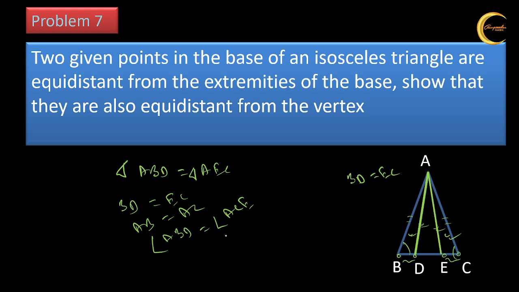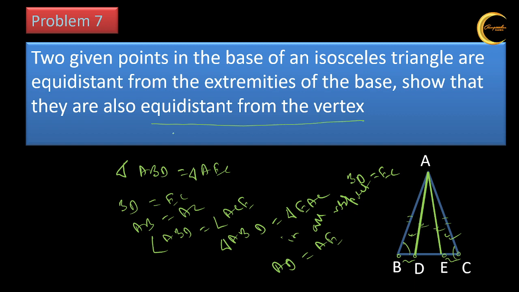So we can say triangle ABD equals triangle AEC in all respects. So we can easily say AD equals AE. So these are all equidistant from the vertex. So this is our solution.